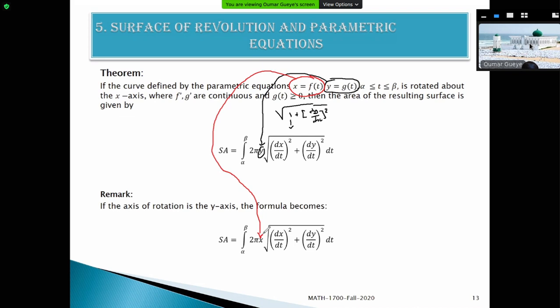And as I mentioned before, this is just coming from dx over dt squared plus dy over dt squared.